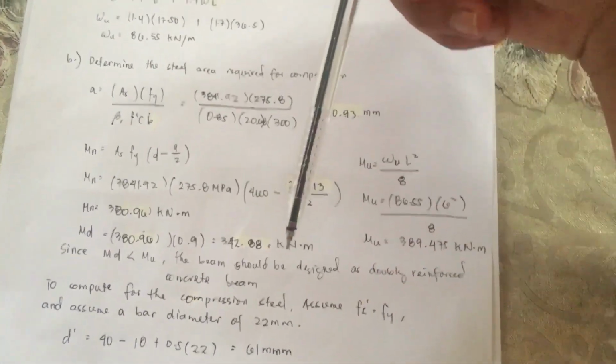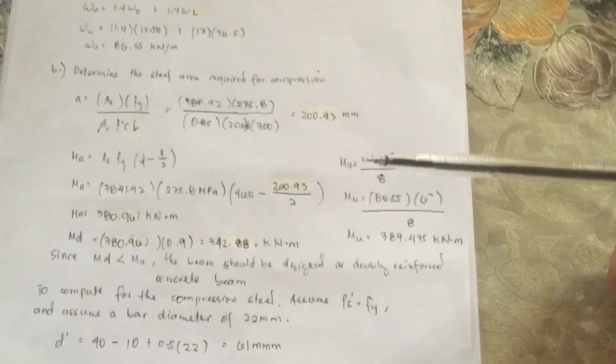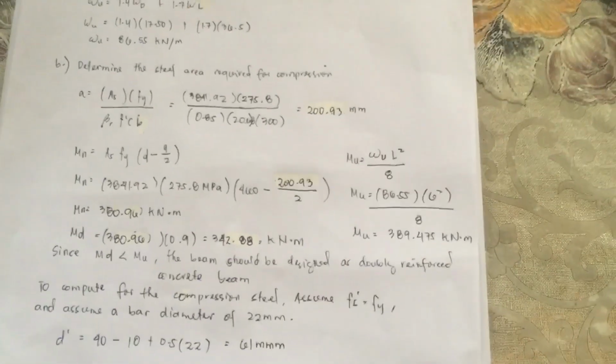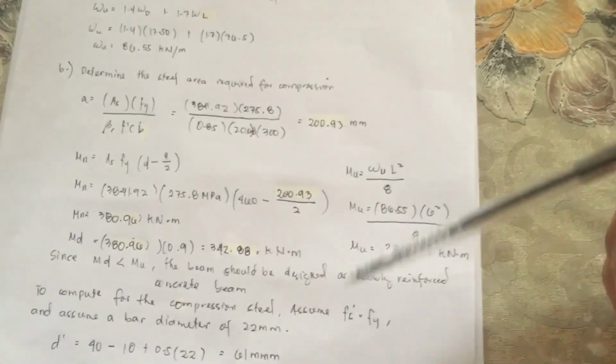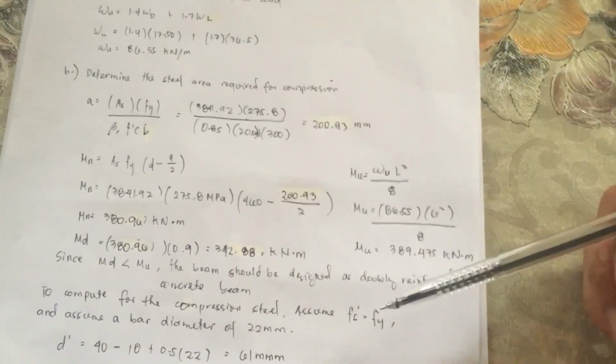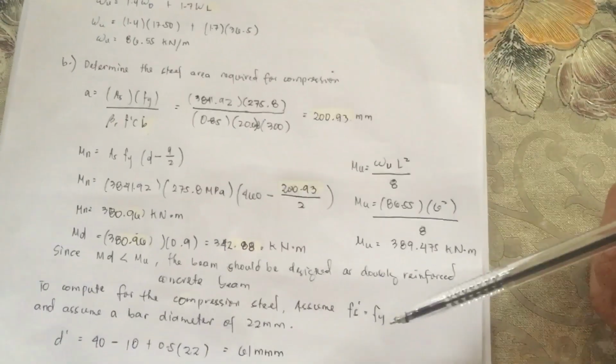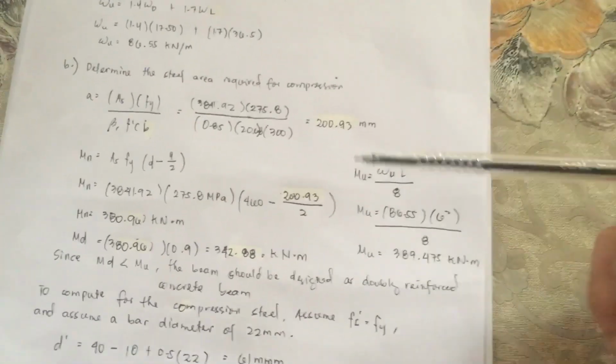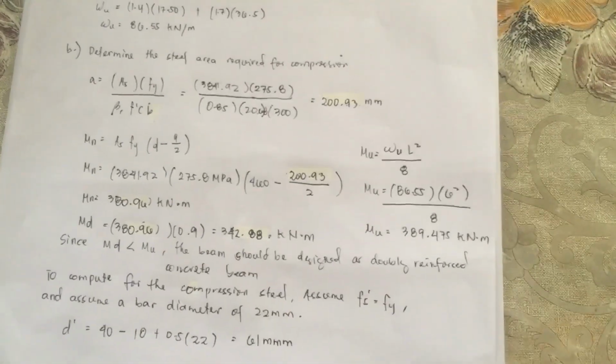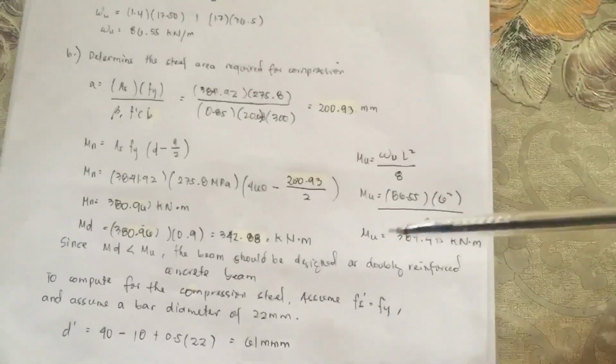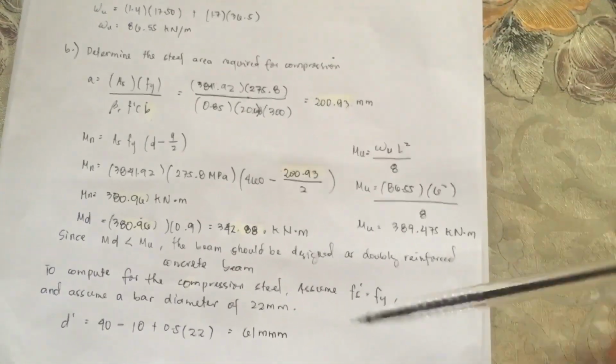concrete beam. Now, in order to compute the area required for the compression, let's assume that f's is equal to fy. That means the compression steel yields, to make our design safe.